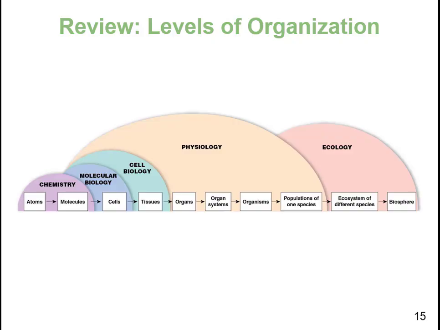All right, so now let's talk a little bit about how we structure the concept of physiology. So you can see here, and this is something that you should understand in a basic way, we basically have certain structures that we set up in regards to what we consider to be covered by physiology, ecology, cell biology, molecular biology, and chemistry.